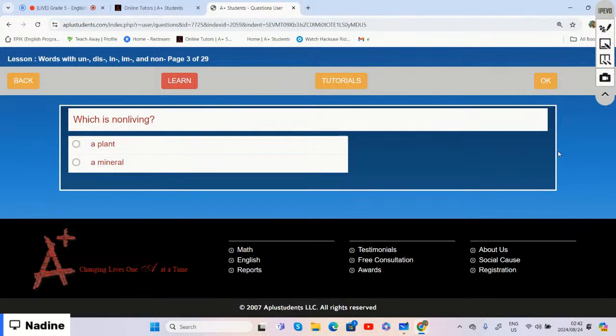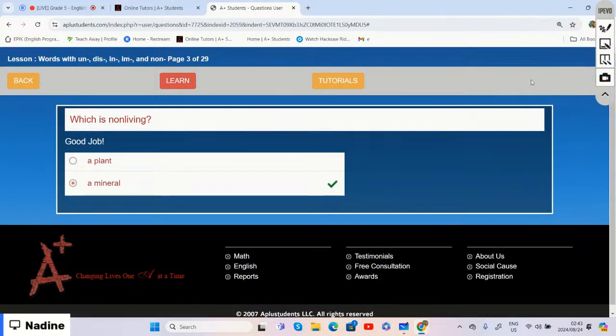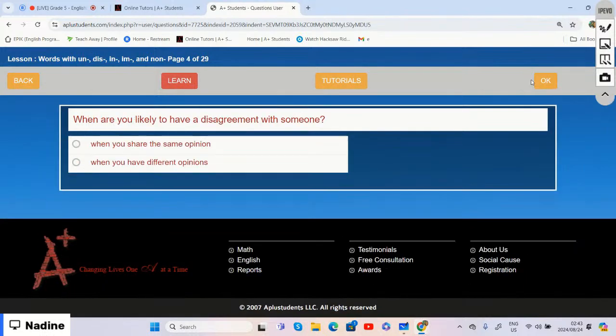And if we were to identify a non-living thing, we can say a mineral is something that is not alive. Plants are living things.